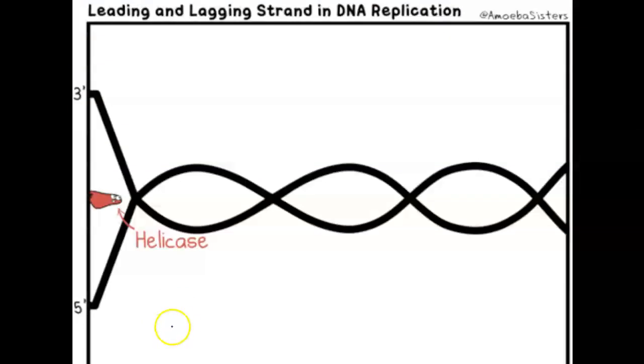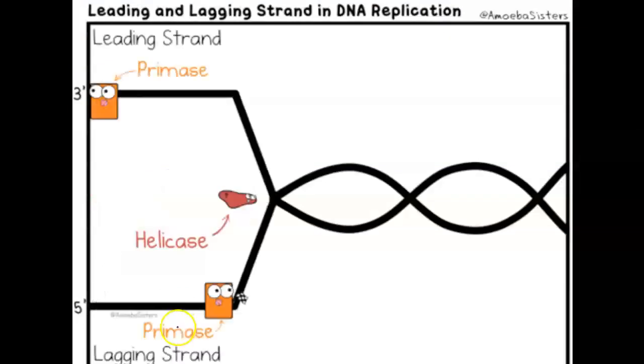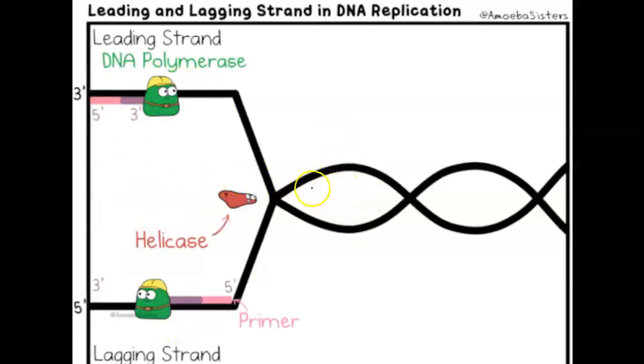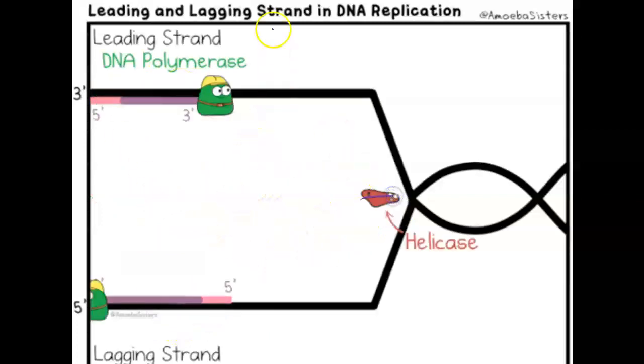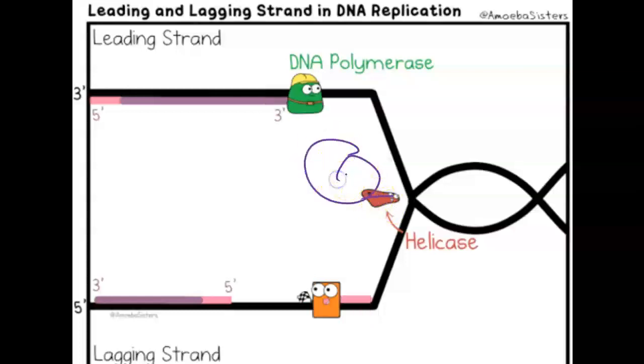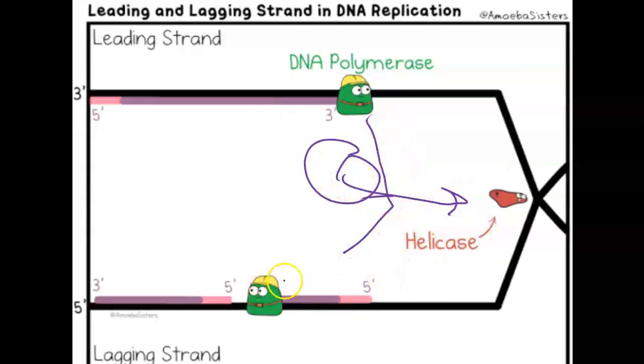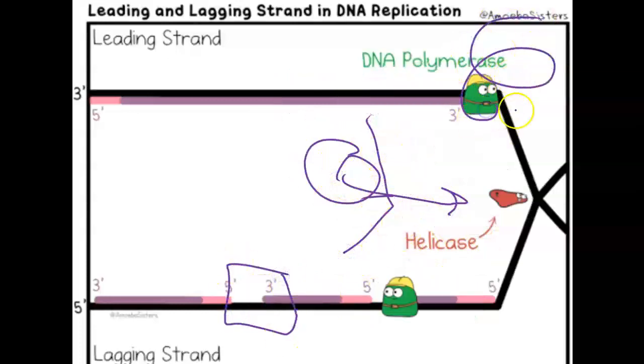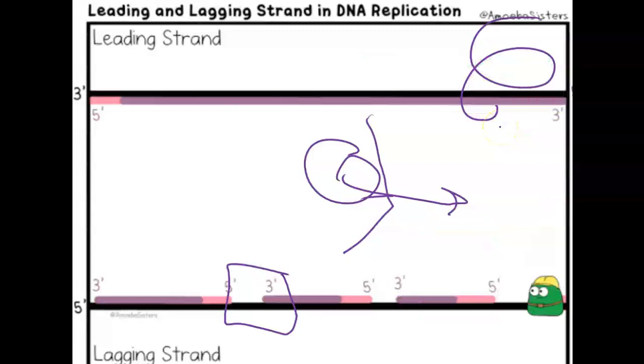Here's the illustration I was trying to show you in class today. What this includes for you is the terms leading and lagging strand. Okay, so here's your helicase again, going this way. It's going to make a replication fork. And then these little guys here, those are the ones building your DNA strand.